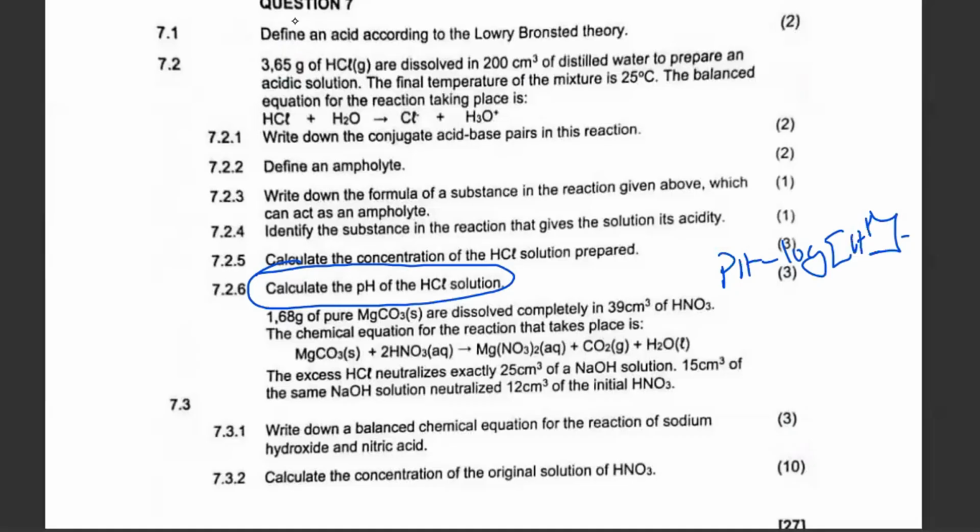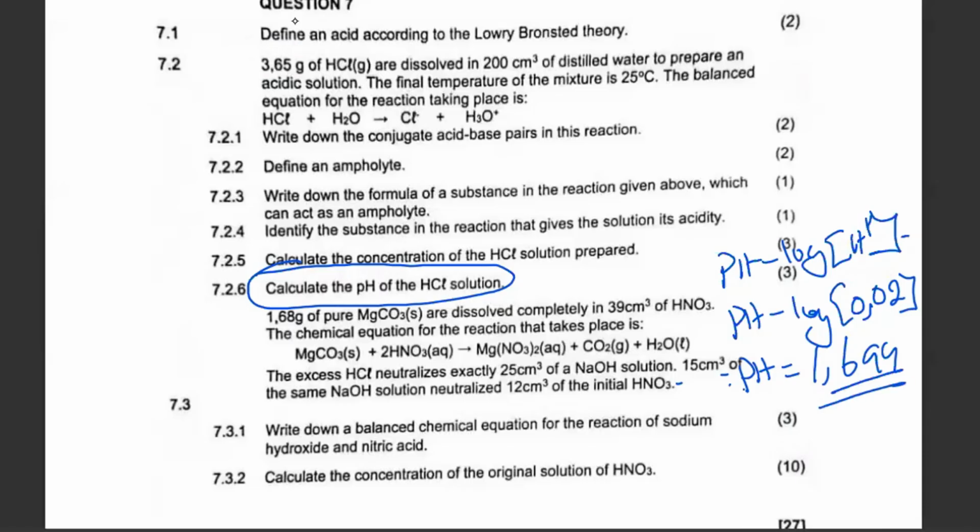Therefore, I will say that the pH is going to be equal to negative log of 0.02, those are moles per decimeter cubed, which we calculated just above as the concentration, which gives me 1.699. So that is the pH. Then we go to the next question. 1.6 grams of pure magnesium carbonate are dissolved completely in 39 cubic centimeters of nitric acid.